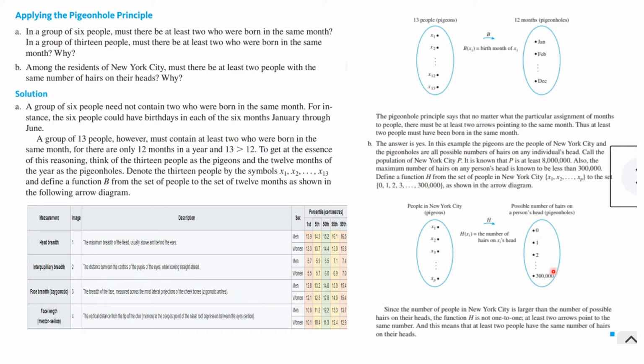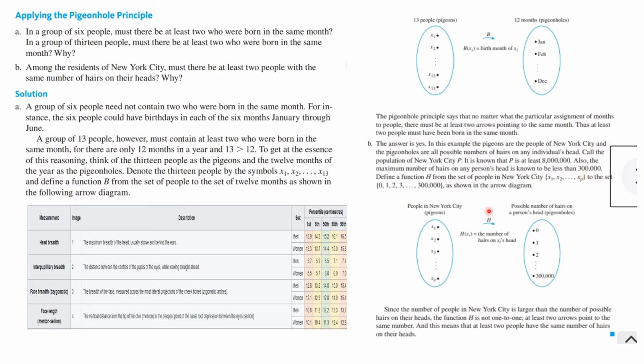That's actually an interesting number to calculate, and you'd have to think about things we know from anatomy. It actually depends on hair color and things like that. But it can be shown that the maximum number of hairs on any person's head is less than 300,000.